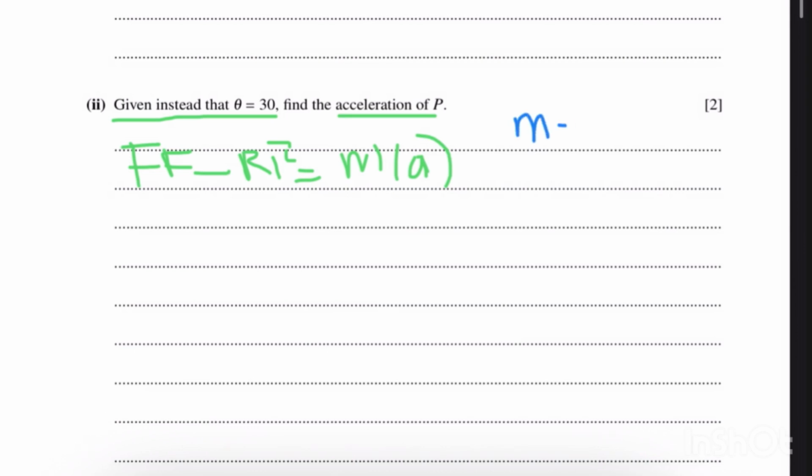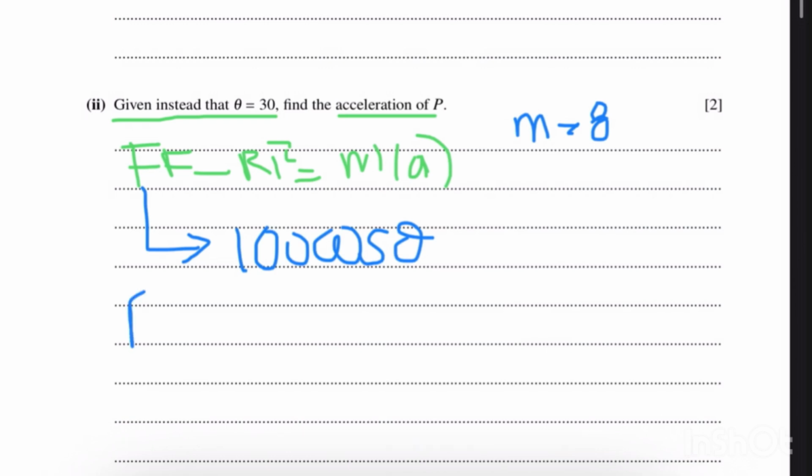The mass is equal to 8. And we're given the forward force and the resistive force as well. As for the forward force, there is the 100 Newton force. But what part of that force is moving it forwards, up the hill? That was the 100 cos theta force.